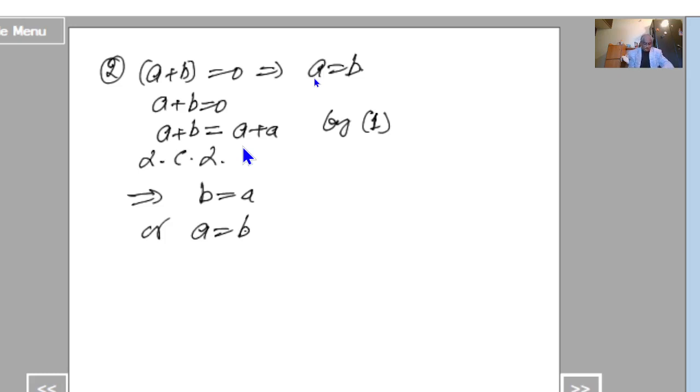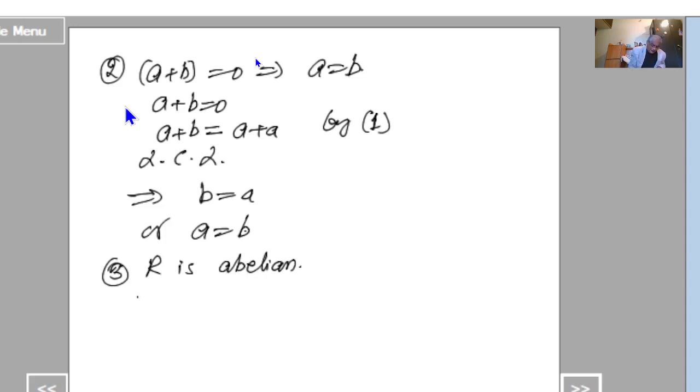And the third one, I have to prove that R is abelian. To prove that R is abelian, what do I have to prove?